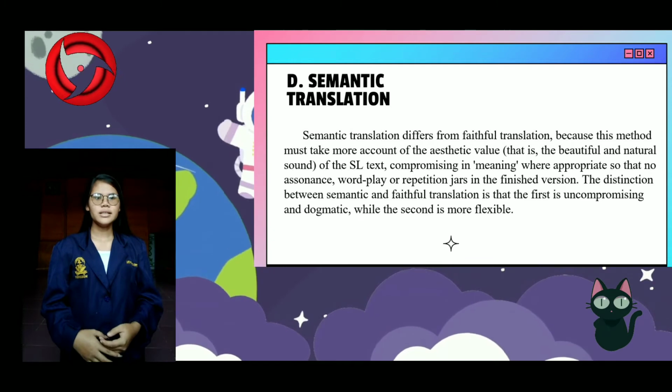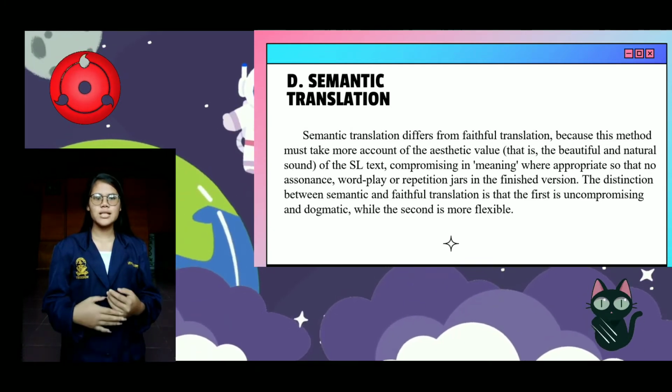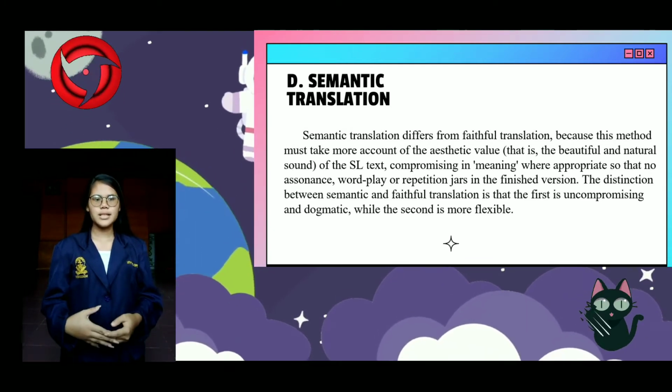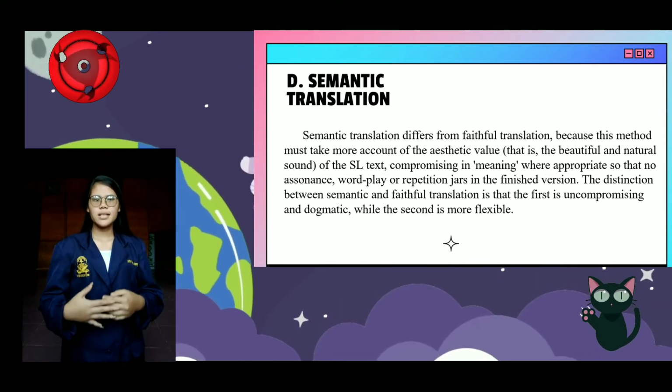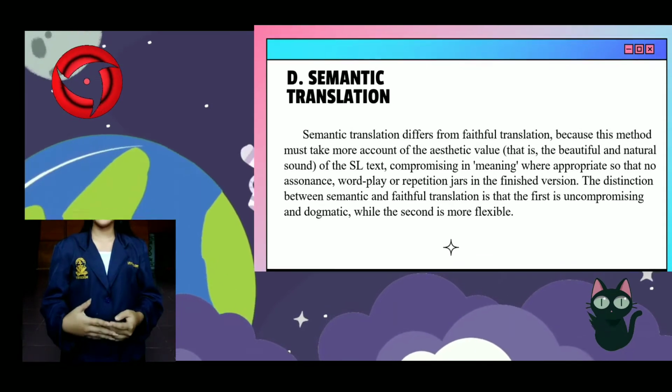The distinction between semantic and faithful translation is that the first is uncompromising and dogmatic, while the second is more flexible.